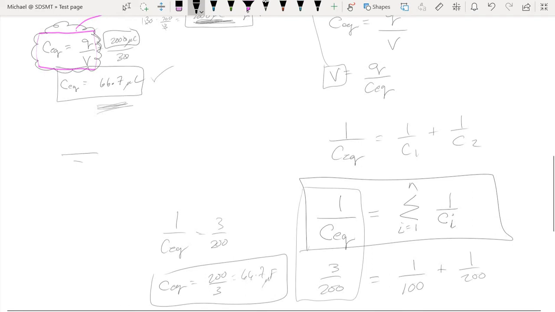Once you have that equivalent capacitance, you can now ask yourself how much charge is going to be pulled from that battery of 30 volts.